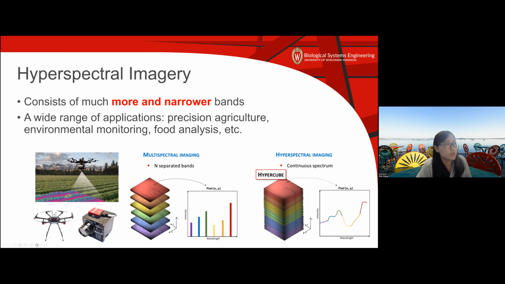But hyperspectral data have thousands of narrow spectral bands. So instead of seeing individual spectral values, we see a more continuous spectral curve. Hyperspectral imaging has wide applications in precision agriculture, environmental monitoring, or food analysis. And we can also mount hyperspectral sensors on a drone platform to collect data over farms.